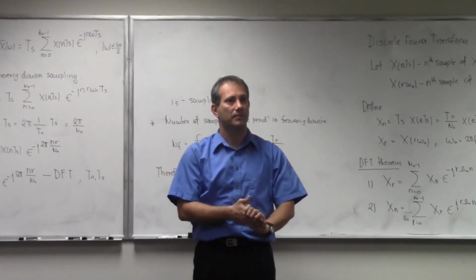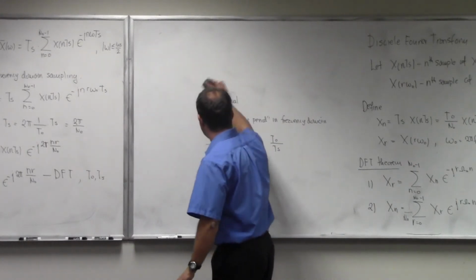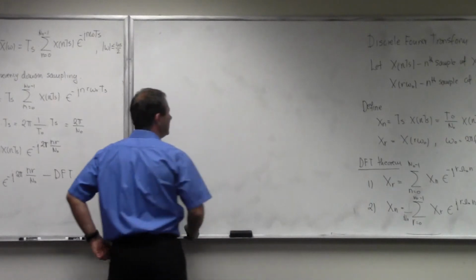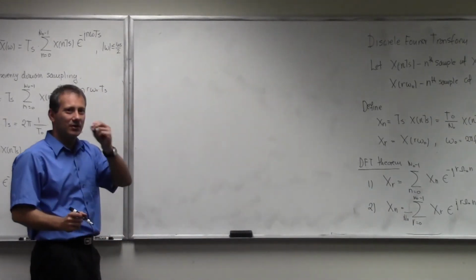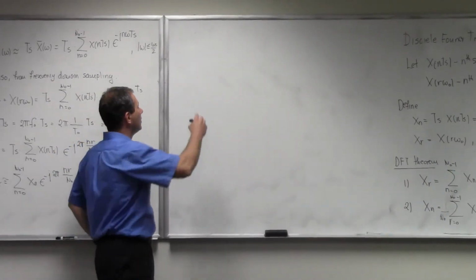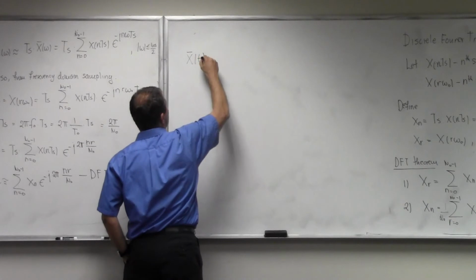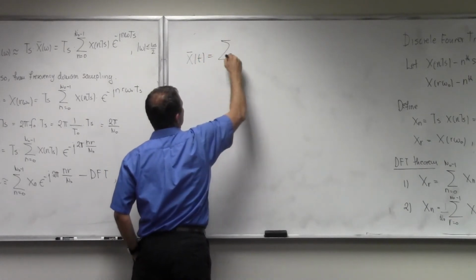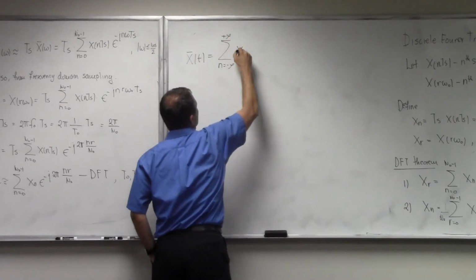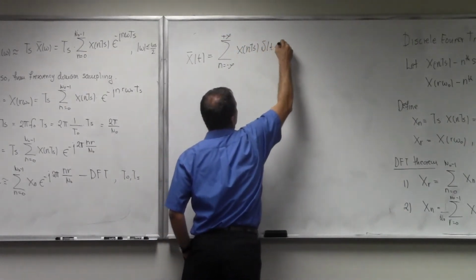That's crystal clear. What is problematic with sampling, and we always come to this, are those gotcha details that we always somehow forget, but they're actually the most important things here. If you look at the sampled signal, it goes from minus infinity to plus infinity, x of nTs, delta of t minus nTs.